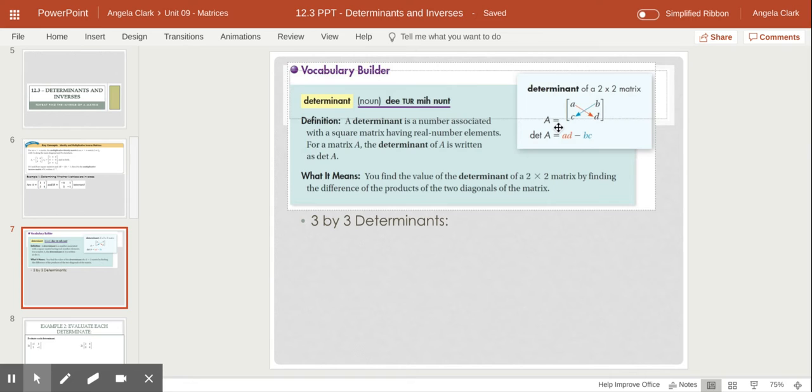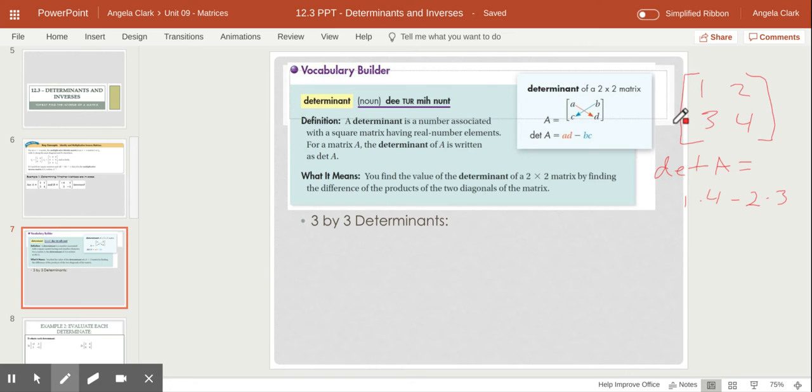So if I had, say, 1, 2, 3, 4 as my matrix, then my determinant, which we write as det and then the letter of the matrix, so let's say this is matrix A, would be 1 times 4, that diagonal here, minus 2 times 3, this diagonal here.